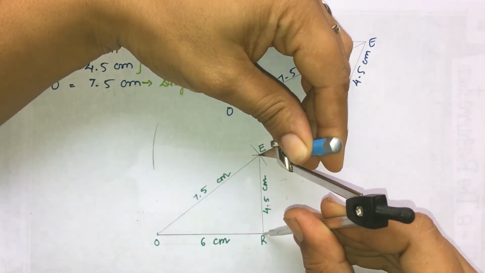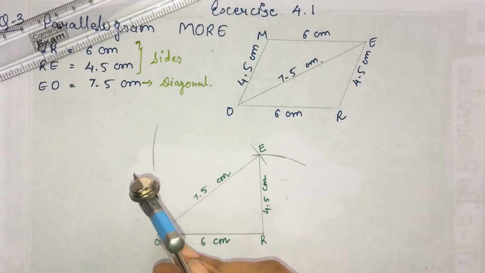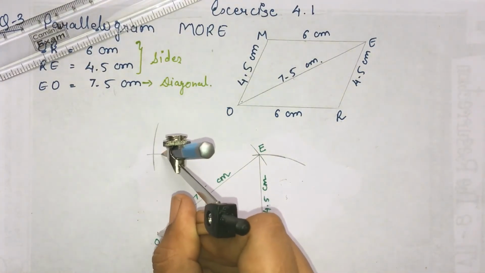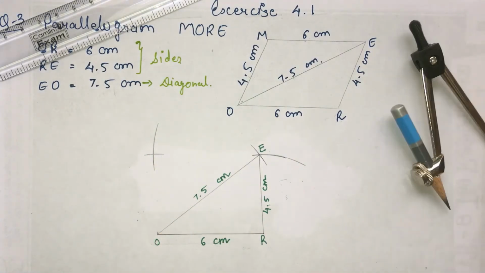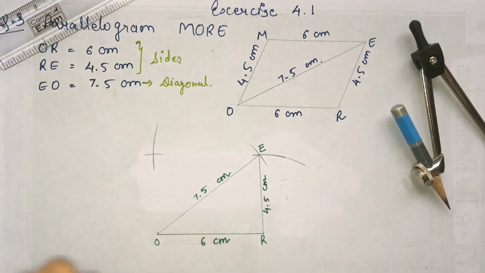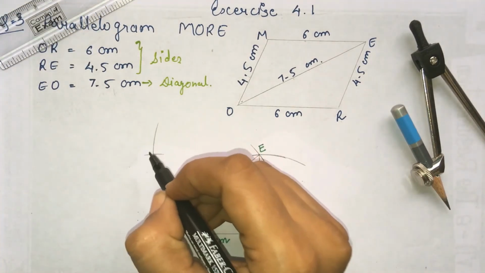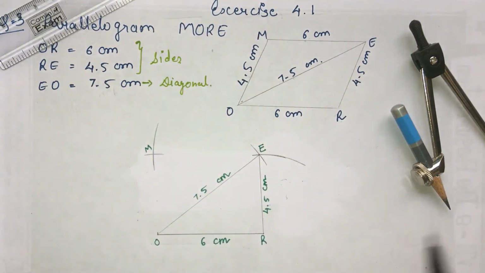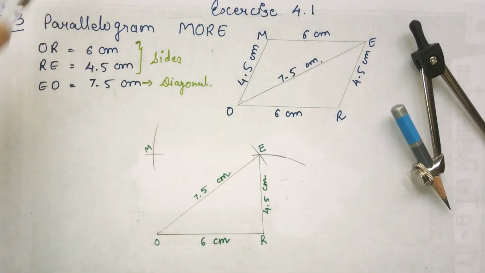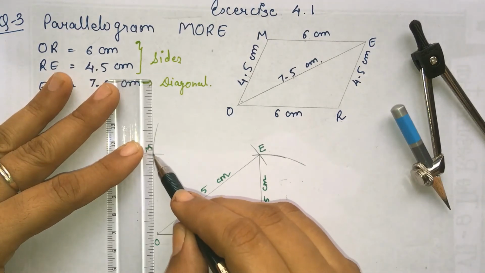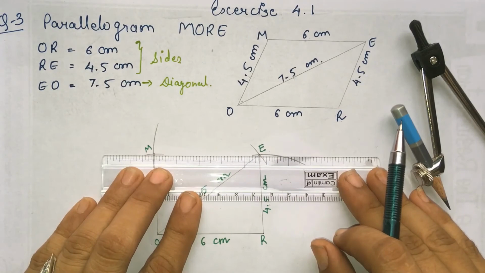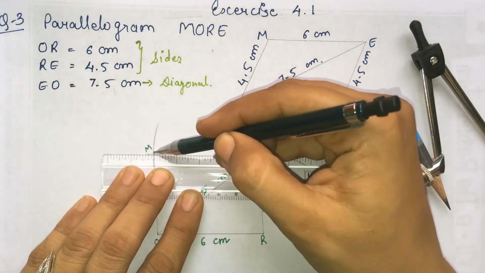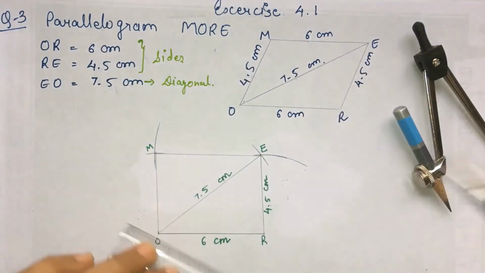Next measurement I need is 4.5 centimeter, which again I'll take from here only. This is 4.5 centimeter. Whenever we have to construct a parallelogram and rectangle and square and all, where the measurement of sides are same, it becomes easier. So this point of intersection we will name it as M. Next step is joining MO and ME.